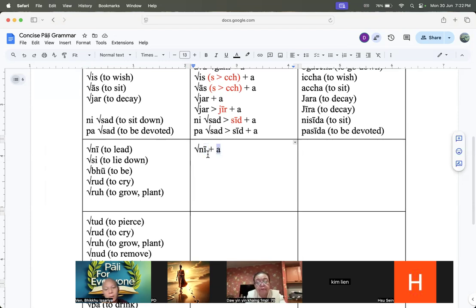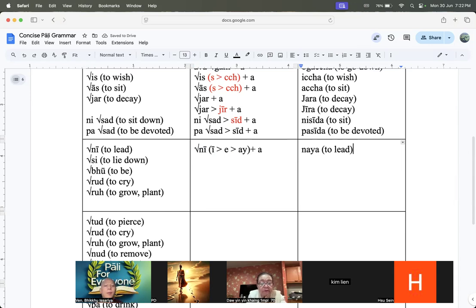So here this E is changed to A at the first stage, and that A is changed to Aya. So that is why we have the Naya base. Naya also means to lead.